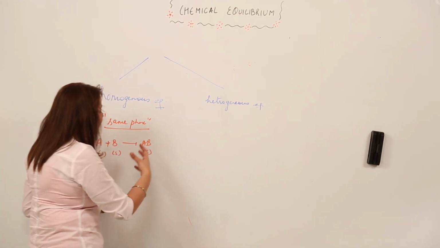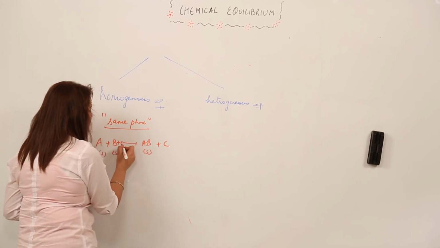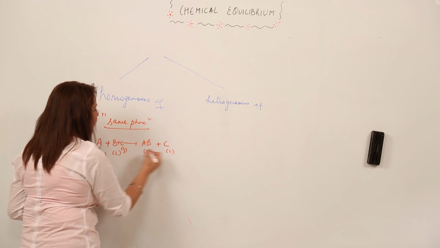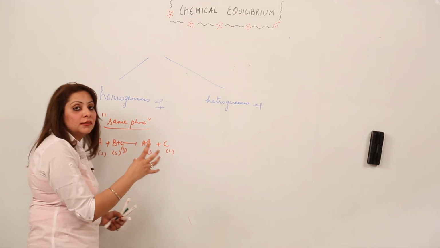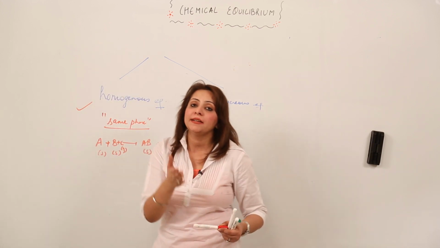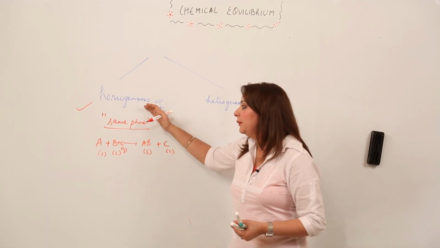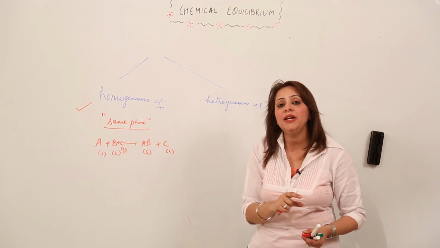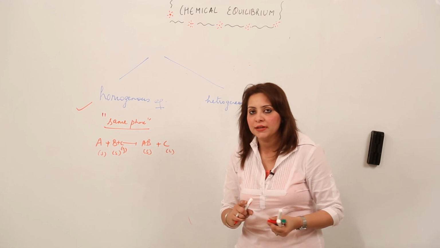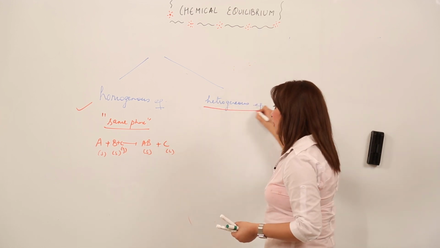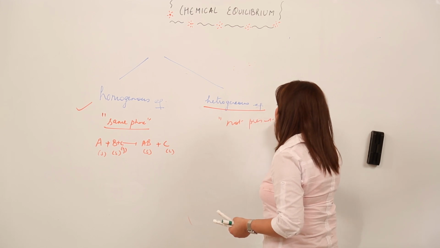And if C is also present along with it, which is a liquid or a gas, then you can see that different states are present, which implies that it is a heterogeneous equilibrium. So homogeneous equilibrium means that all the components, the reactants as well as the products, are present in the same phase. And when we talk about heterogeneous, they are not present in the same phase.